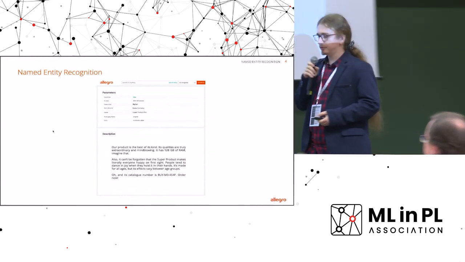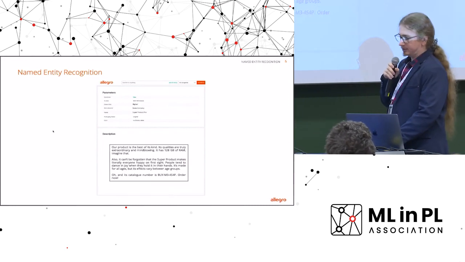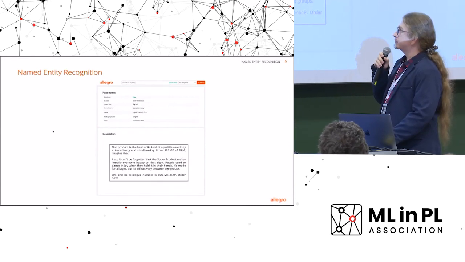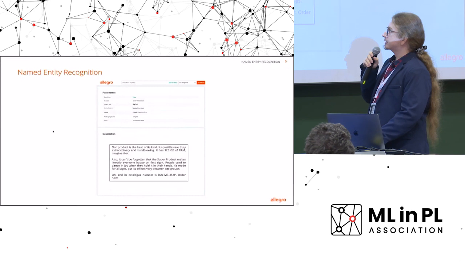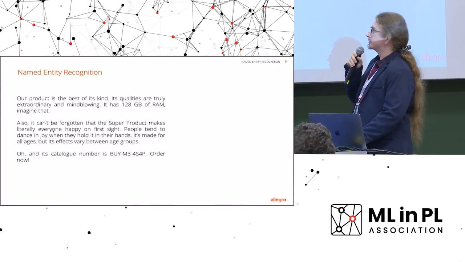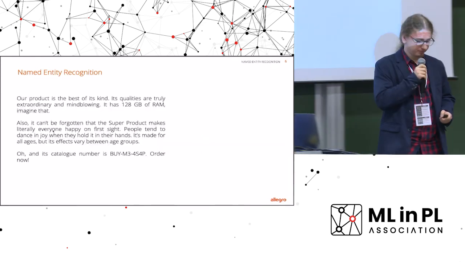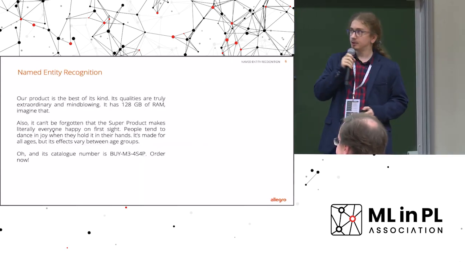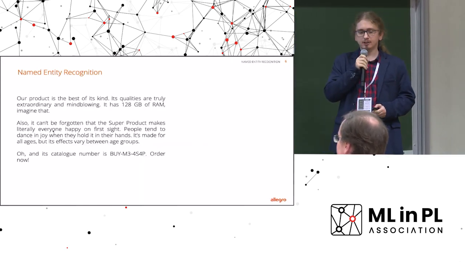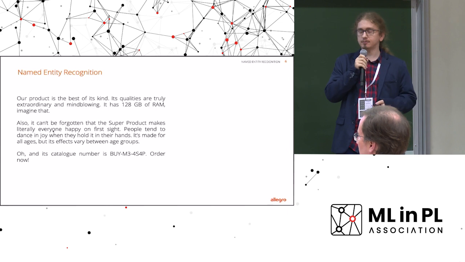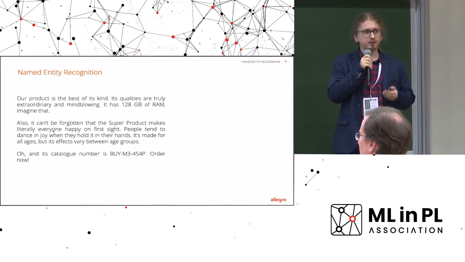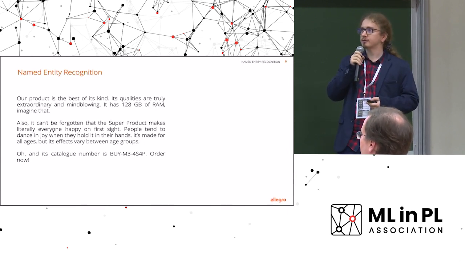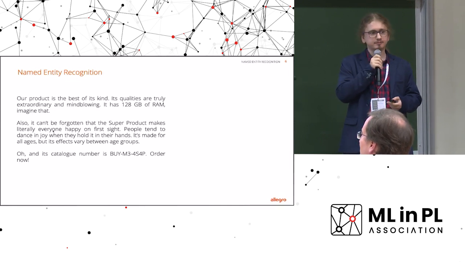So with named entity recognition, we are interested in actually both of these parts. We take this free text description, and we might have a case where in some product categories or even for specific products, we are missing some of these structured parameters.